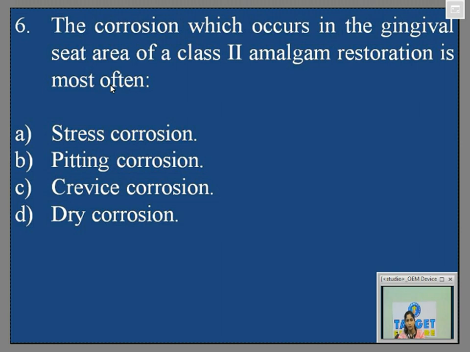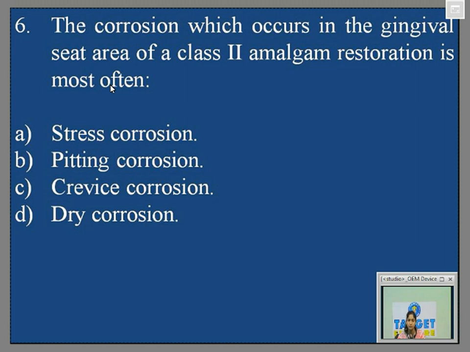Under electrochemical, you write first galvanism, second stress corrosion, third concentration cell corrosion. It is also called pitting corrosion. Fourth, crevice corrosion.